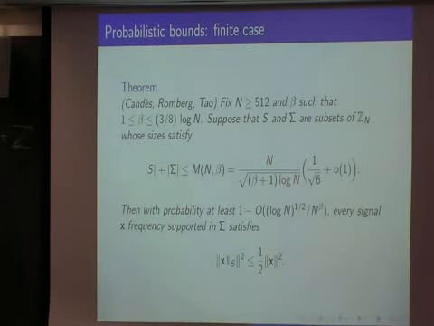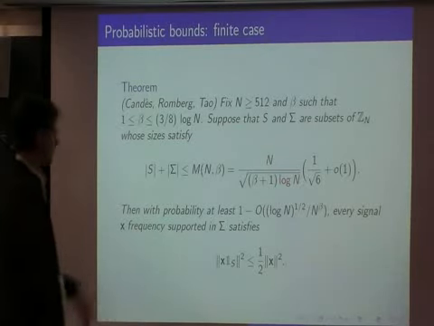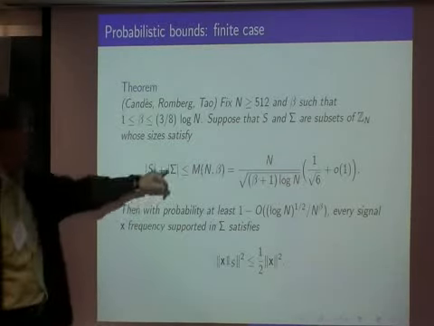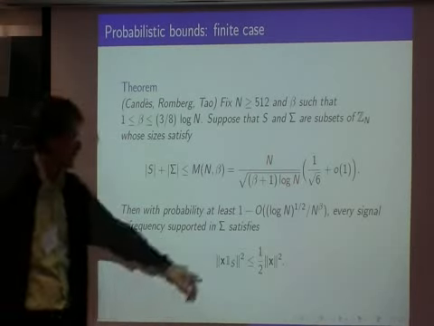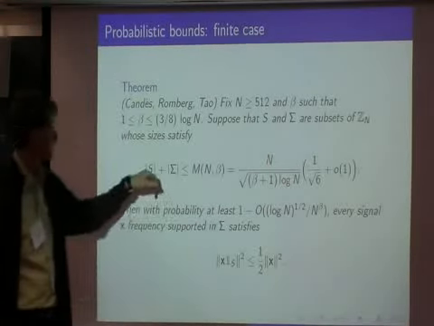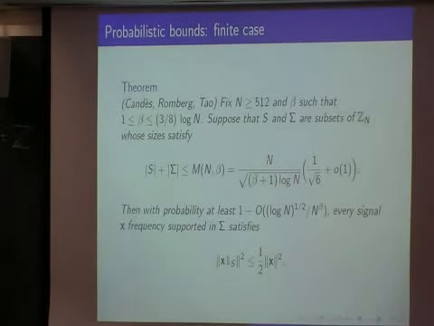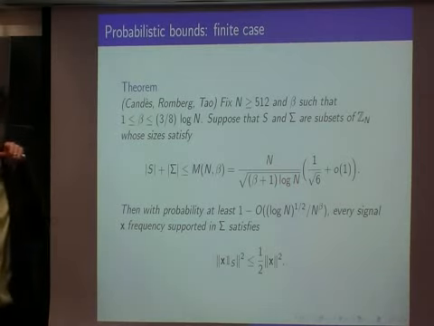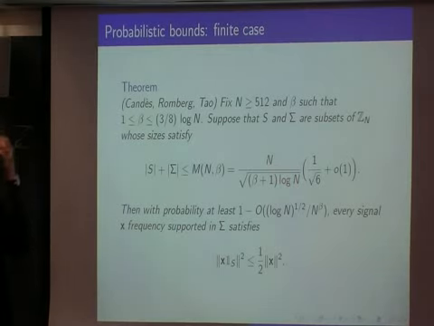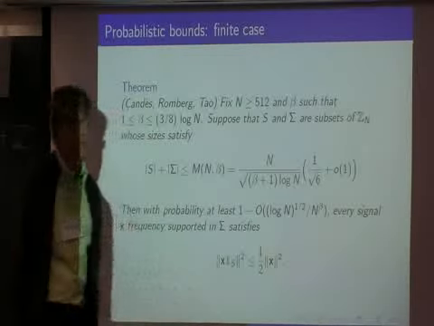Then with overwhelming probability, every signal that's frequency supported in sigma has at most half of its energy in S. So in the finite case, this is the same as saying the operator P sigma, Q sub S, P sigma has norm at most a half.